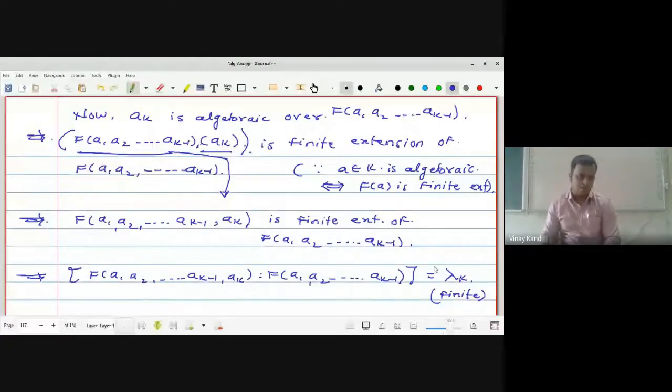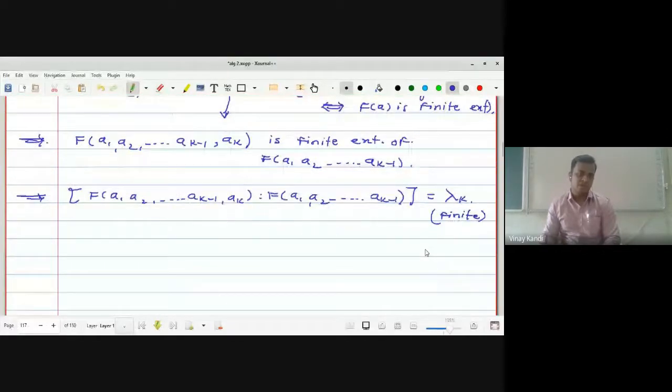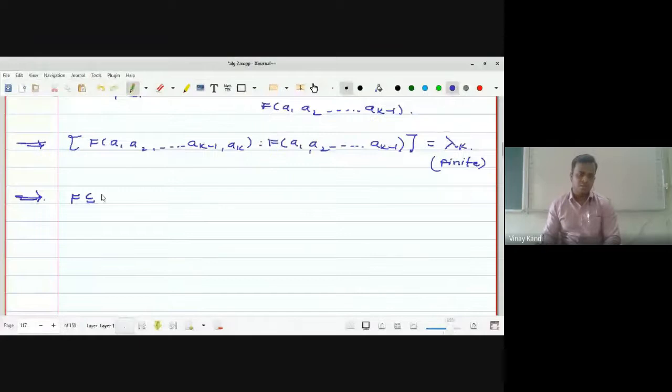F is the extension, K is an extension of F, and L is an extension of K. So the degree of L over F is equal to the degree of L over K into the degree of K over F, by transitivity of finite extension.